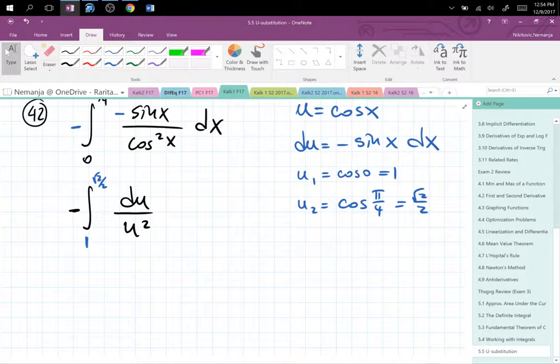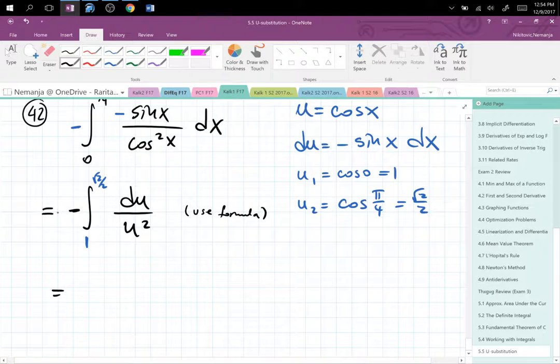And it's on top? That's weird, right? Yeah, because cosine is decreasing. But don't despair. Didn't we learn the formula that says that if you swap the limits, what happens with the minus? It's gone.